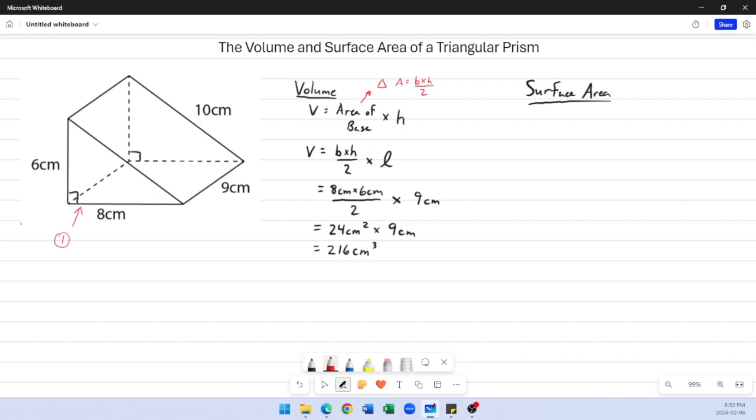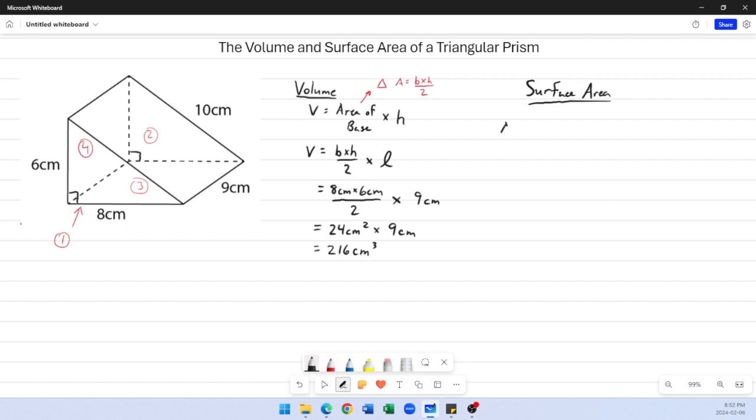And then with the prism, we're going to look at the rectangular sides. There are 3 of them, and they're all unique. The slanted one here is number 2. The base is going to be number 3. And our side here, almost acting like a wall, will be number 4.